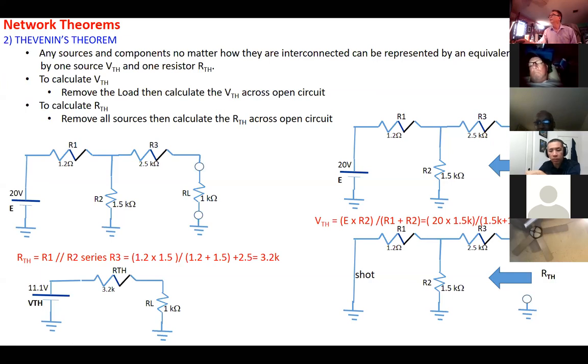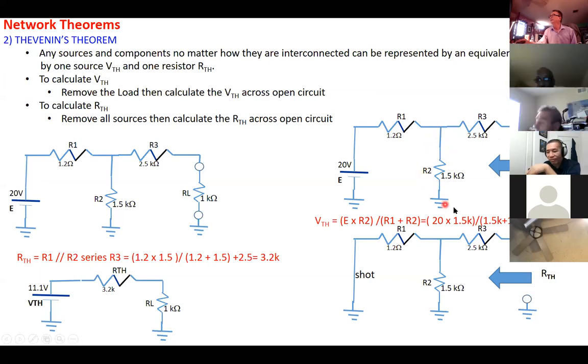If you measure the voltage from here to here, what are you supposed to get? If you get 5 volts here, you have to get 5 here. The current is 0, so there's no voltage drop here.